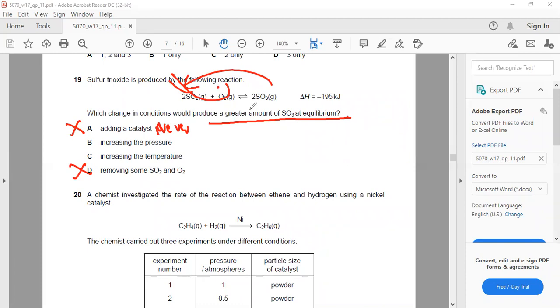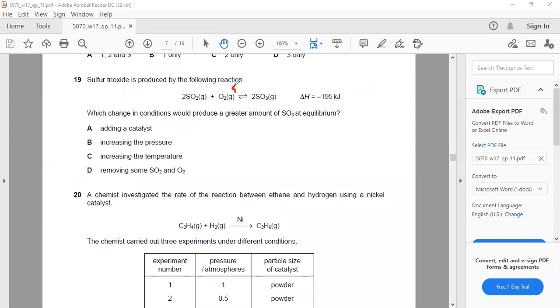Greater amount means increasing pressure. How? Here it is 2 moles, and 2 plus 1, 3 moles of gas. Increasing pressure means shifting equilibrium forward, so more yield will be obtained. So B is the answer.